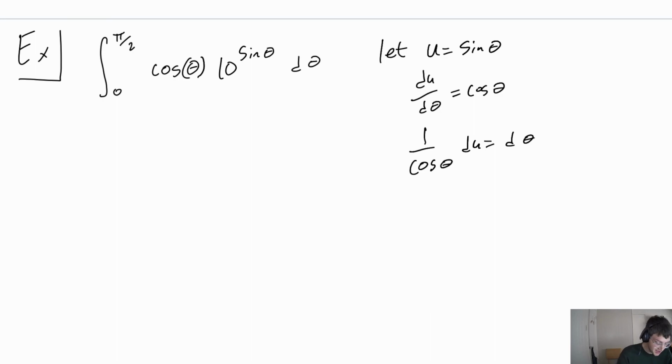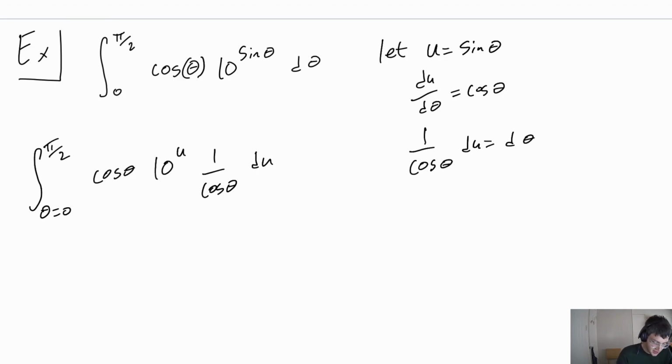So plugging that stuff in, we get the integral as theta goes from 0 to pi over 2 of cosine theta times 10 to the u times 1 over cosine theta du.